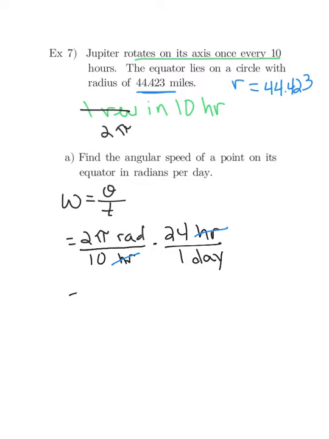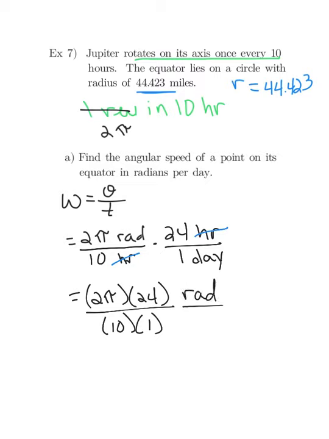And if you look at what we're left with, number-wise, we have 2 pi times 24 over 10 times 1. And then labels, we have radians and days. So that's what we need.